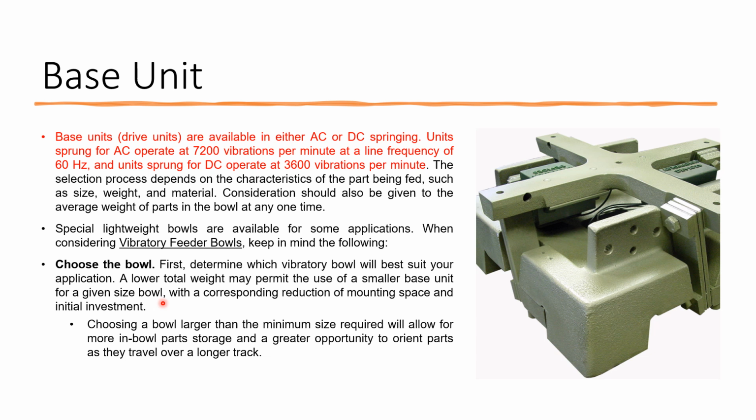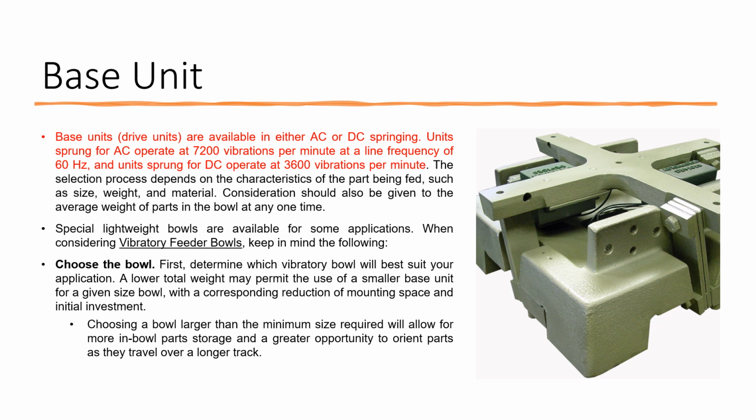So the size of the bowl is important for selecting the unit, and choosing a bowl larger than the minimum size required will allow for more in-bowl part storage and greater opportunity to orient the parts. So these are kind of tips, or parameters, on which the bowl feeder selection depends.